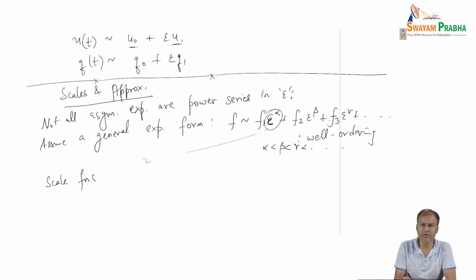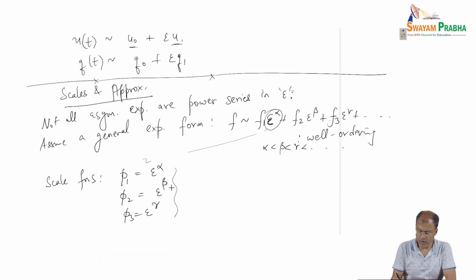We can introduce the scale functions phi1 equal to epsilon to the power alpha, phi2 is epsilon to the power beta, and phi3 is epsilon to the power gamma, and so on and so forth.